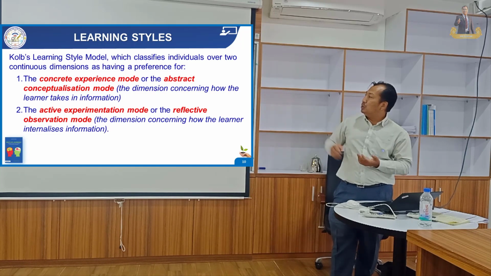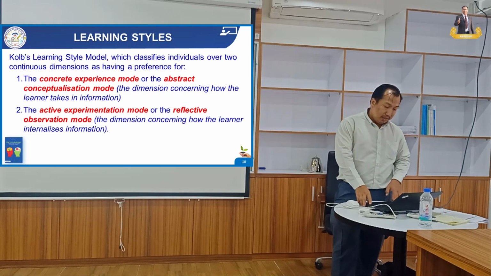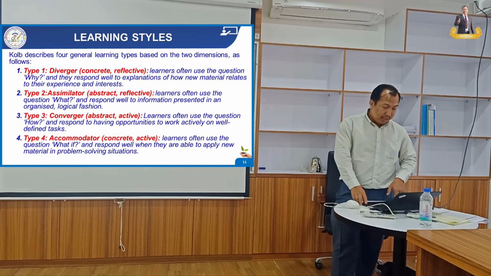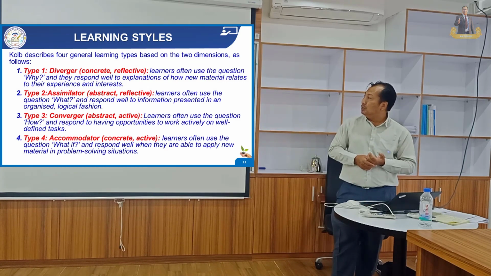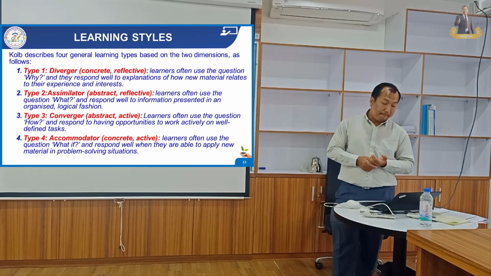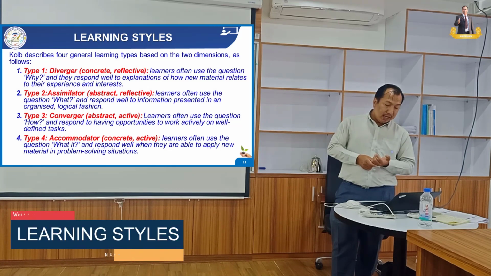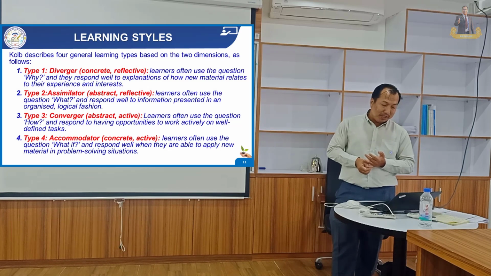And based on these two modes, there are four more types of learner. Kolb has described all of this into four types of learner, like diverger, assimilator, converger and accommodator. Type 1, the diverger, concrete and reflective: this learner often uses the question why, and responds well to explanation of how new material relates to their experience.